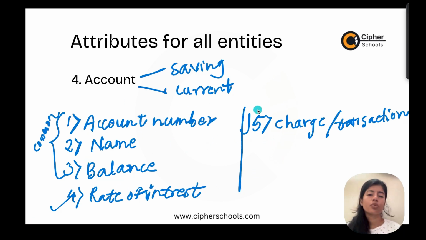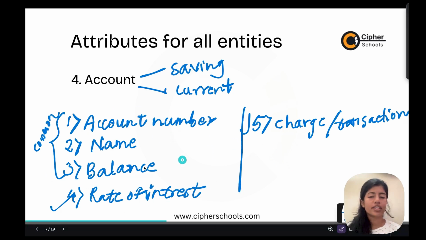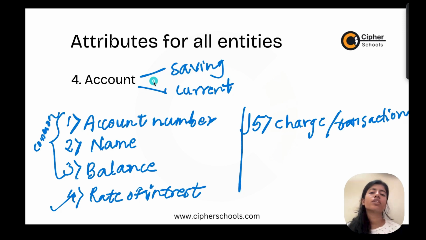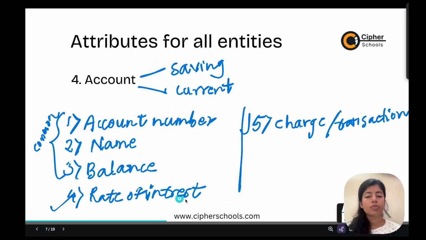Like we have discussed before, instead of keeping all 5 attributes in a general entity, what we have is a relationship, and we keep the common attributes in the general entity, which is account, and then we have some sub entities. Let's have savings account and current account as our sub entities, and we'll keep the relevant attributes such as rate of interest in the savings account and charge per transaction in the current account.